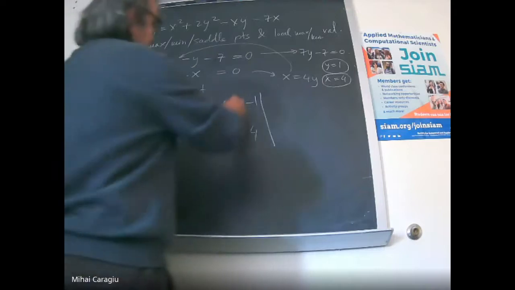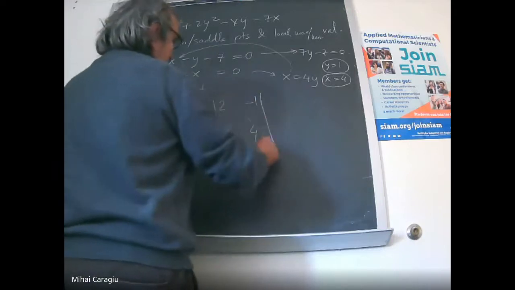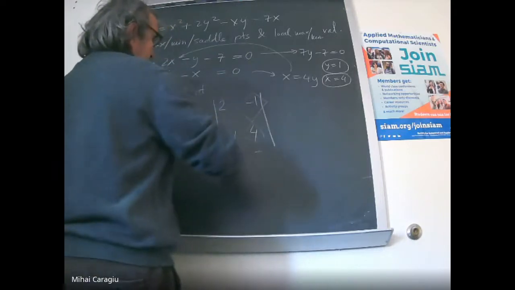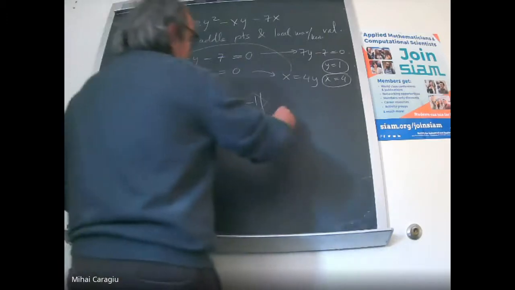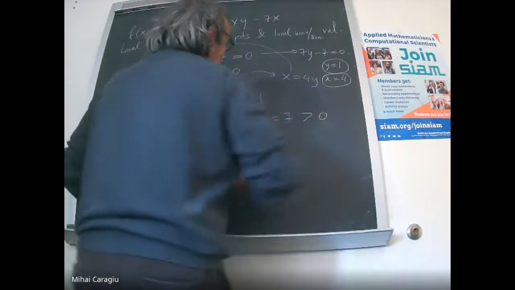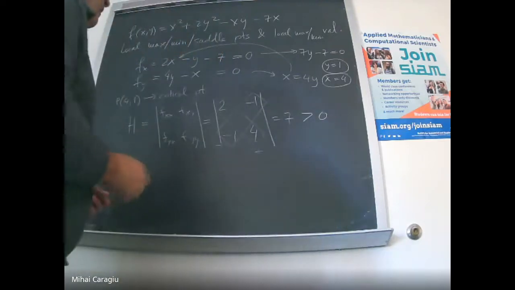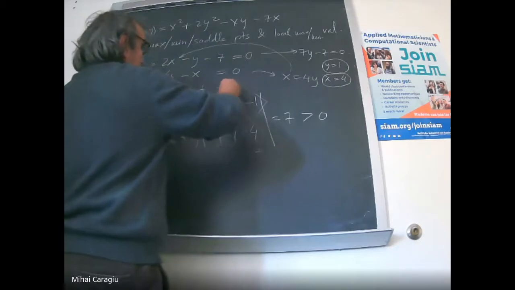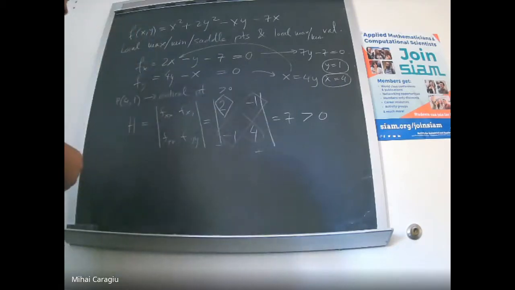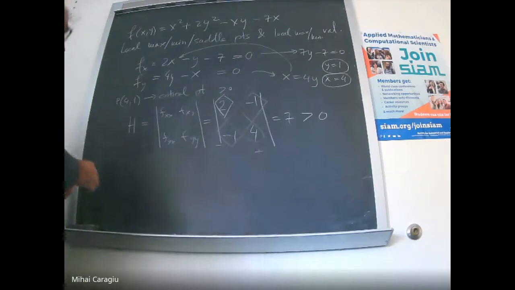This determinant is the product of the main diagonal minus the product of the secondary diagonal, that is 8 minus 1 equals 7. It's positive, and the upper left entry is positive. So the critical point is a local minimum point.